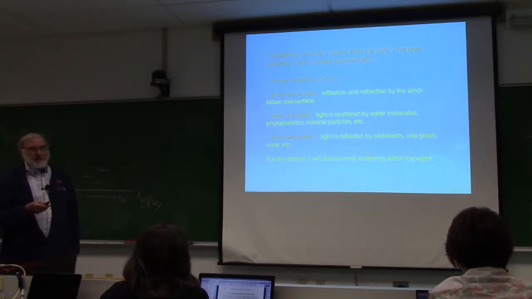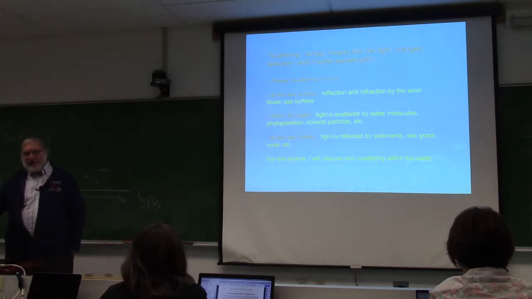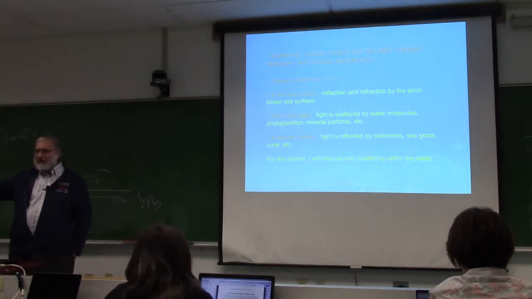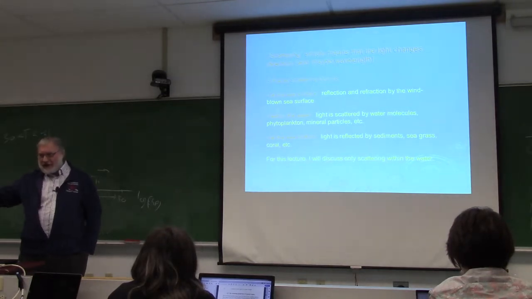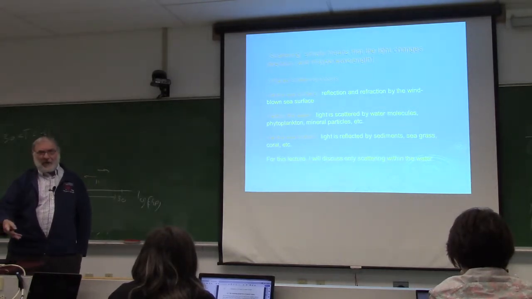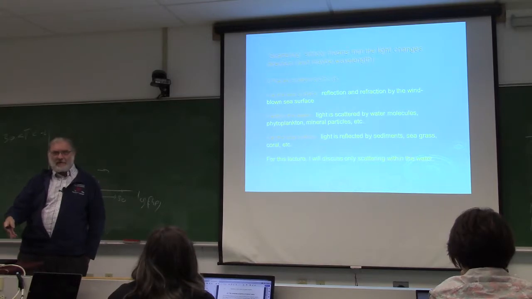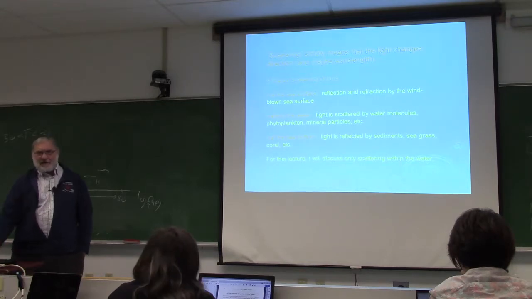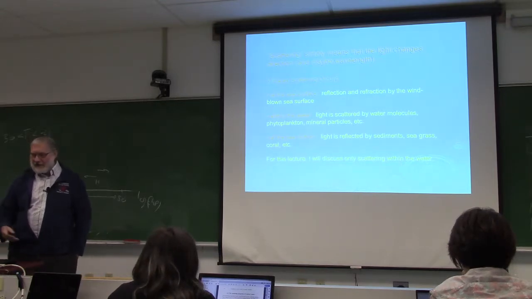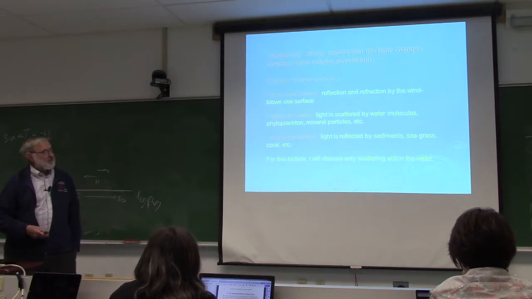And there's three places in the ocean that scattering occurs. At the sea surface, light can reflect off the surface, and that's a change of direction, so that's scattering. It occurs within the water when the light interacts with a water molecule or phytoplankton or a bubble, and it changes direction, so that's scattering. And it also gets reflected off of the bottom if you're in shallow water, and that's more scattering.